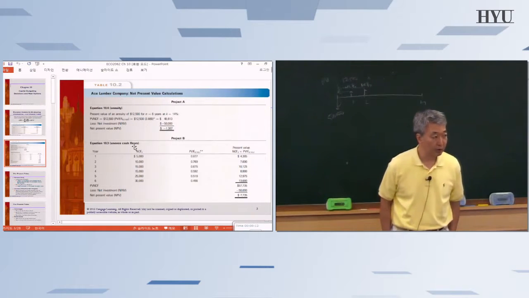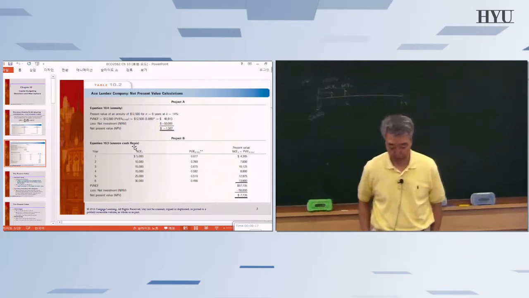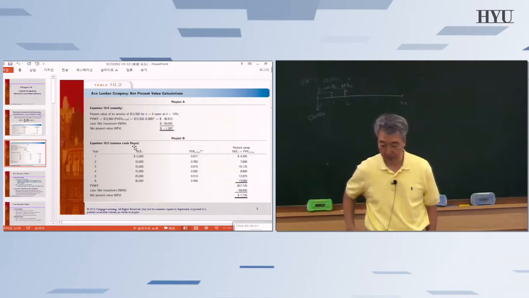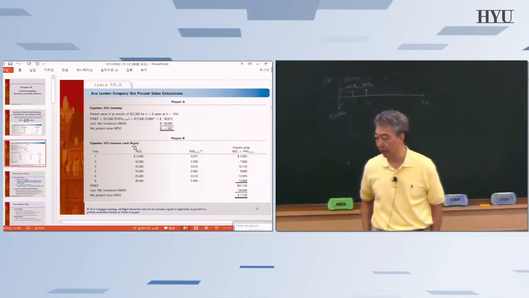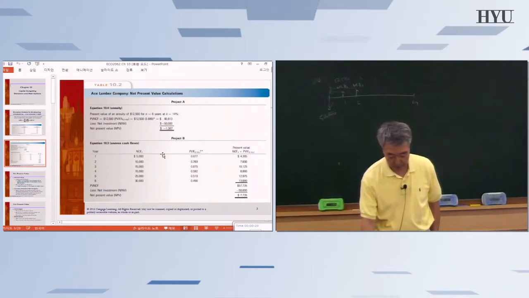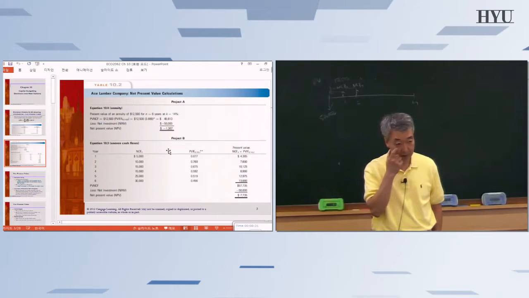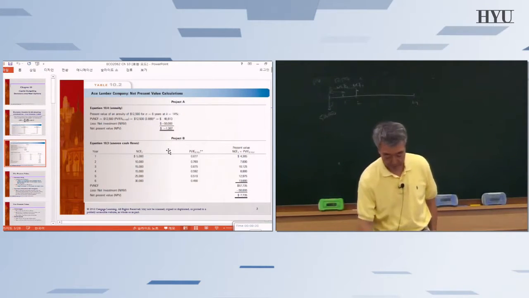Which one should you trust? The calculator, because the table is less accurate. The table shows only up to the third digit below the decimal point. Here it's a minor difference, but if you're dealing with a large amount of money, that difference will make a huge difference. All right?